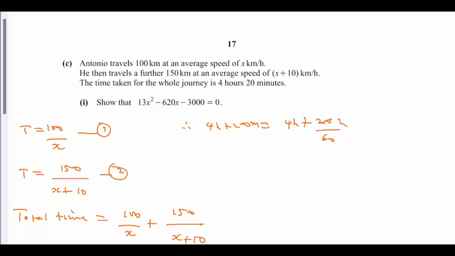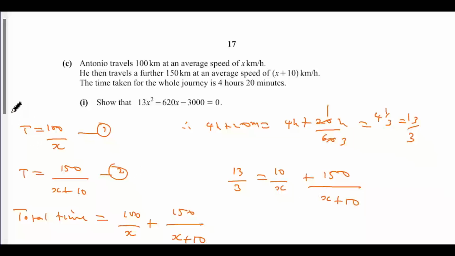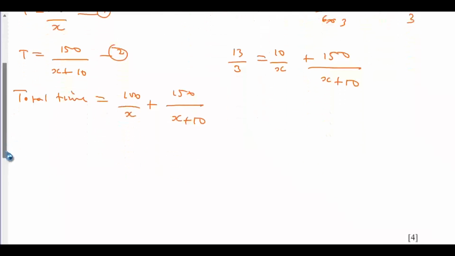If you do this, 20 here 1, 20 here 3, so this will be 4 whole number 1 over 3, which is the same thing as 13 over 3. So I can now say that the total time taken is 13 over 3 hours equals 100 over x plus 150 over x plus 10. This is what you need to simplify to get the answer.